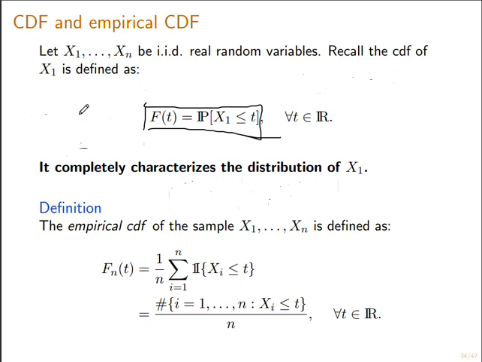Theoretically, we can define the CDF as a function of an indicator variable. Let there be an indicator variable I, where I is 1 if x is less than or equal to t, else it is 0.